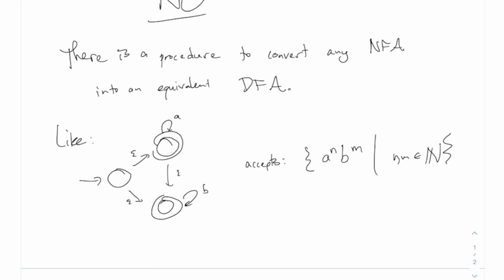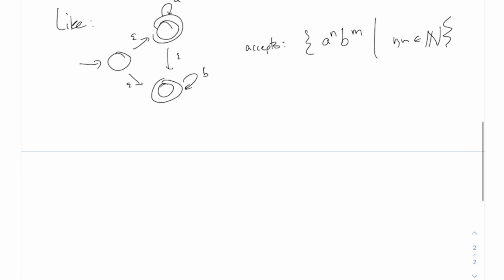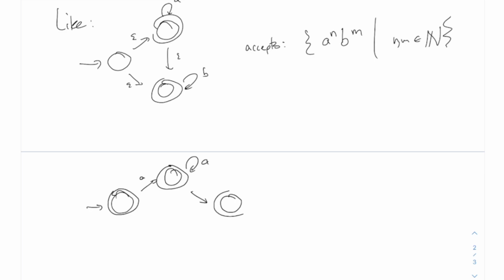That's an NFA, but this language you can also do with a DFA. This is less obvious, but I worked this out ahead of time. Here is a DFA which does the same thing. I have a starting state which does like that, so here you can see I start somewhere, the empty string is accepted, and then if you want you can do a bunch of A's over here, and then this is a B, and then you can come over here and do a bunch of B's.